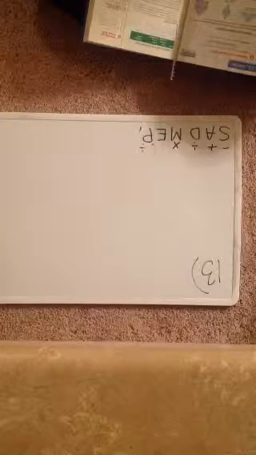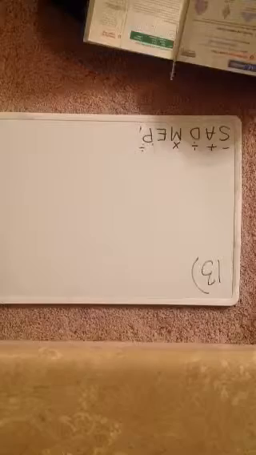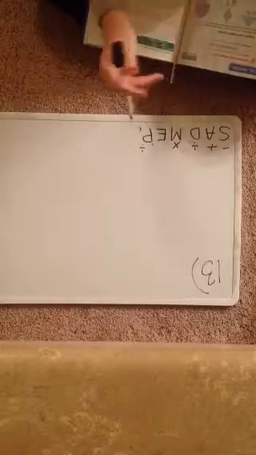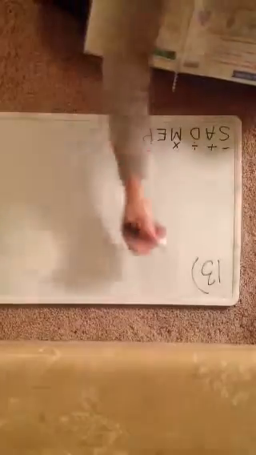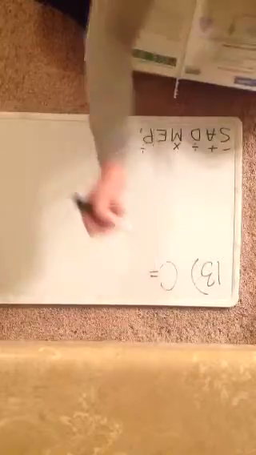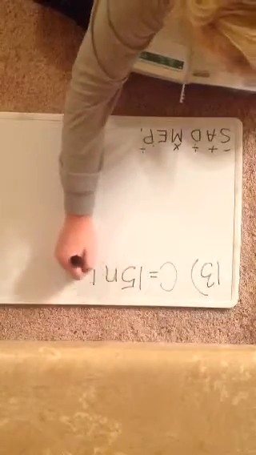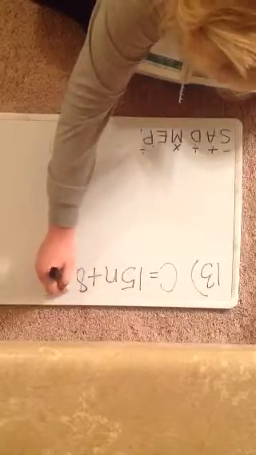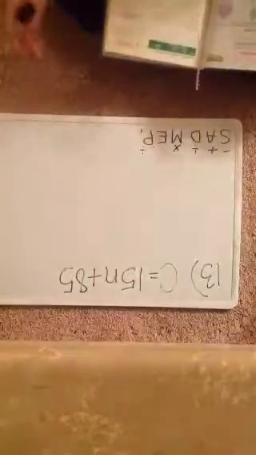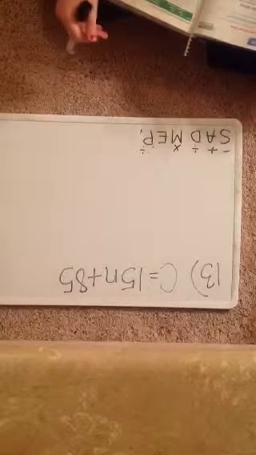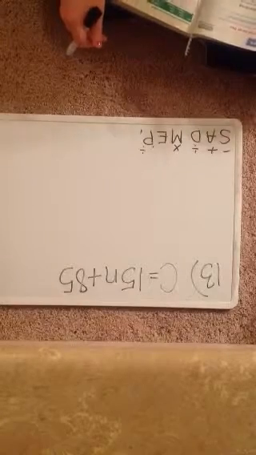The cost C in dollars of making N watches is represented by C equals 15N plus 85. So that's something really important. If the book's telling us that, it's something that we probably need to be writing down.